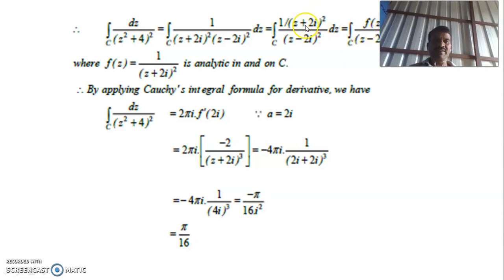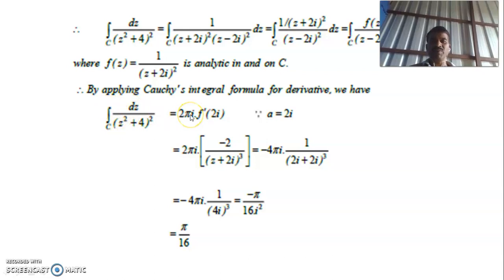We can treat this as f of z, with (z minus 2i) whole square remaining, where this f of z is analytic inside and on the boundary of the closed contour C. Therefore we can apply Cauchy's integral formula for derivatives, taking 2i as the point which lies inside C.